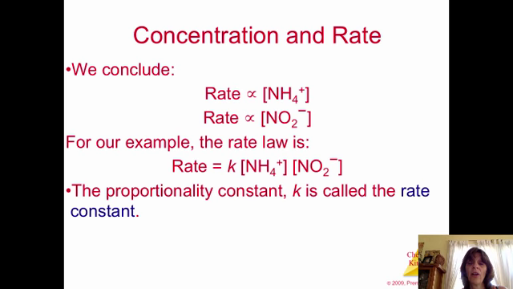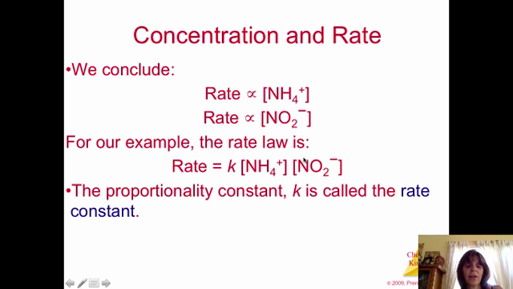That is what we call a rate constant. The rate is proportional to the ammonium, it's proportional to the nitrite, and so in our case, we can make this into a rate law. So the rate equals some constant times the ammonium and the nitrite ion.